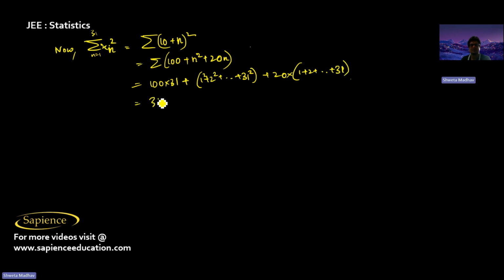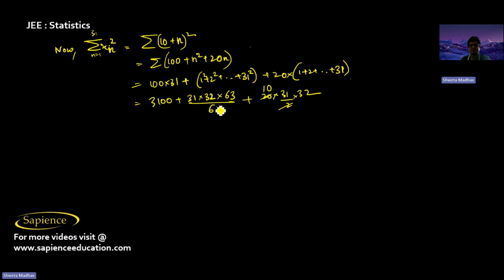So that will be 3100 plus n into (n plus 1) into (2n plus 1) by 6, where 2n plus 1 is 63, plus 20 into n into (n plus 1) by 2, that is 32.